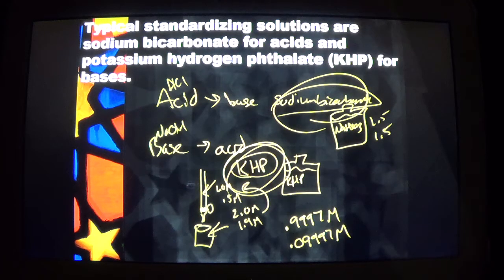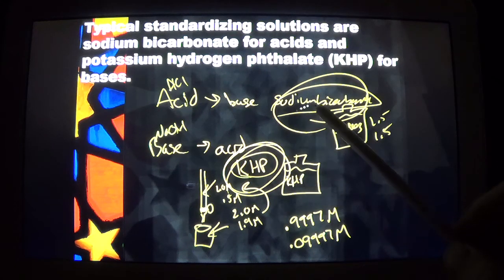It'd be very, very important if you're working with a titration situation that you state somewhere that you are standardizing your base or that you're standardizing your acid. Whatever is your known, you need to standardize it before using. It'd be awesome to be able to say that you use sodium bicarbonate or KHP.